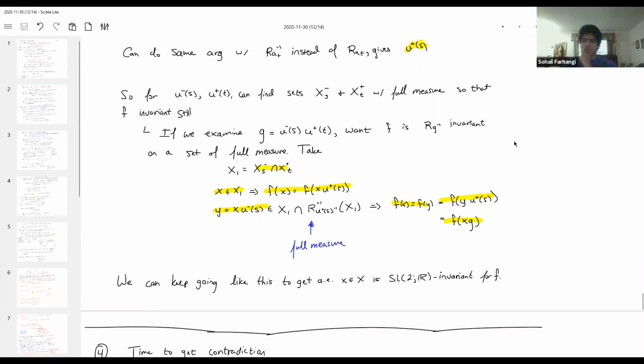I feel like this would work if we had countably many s and t, but s and t are real numbers, right? S and t are real numbers, yeah. Yeah, I think I had a question about this too. I mean, it's probably something to do with the fact that the matrices are continuous as a function of s or t.